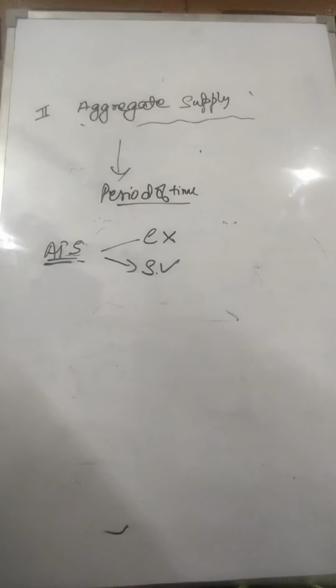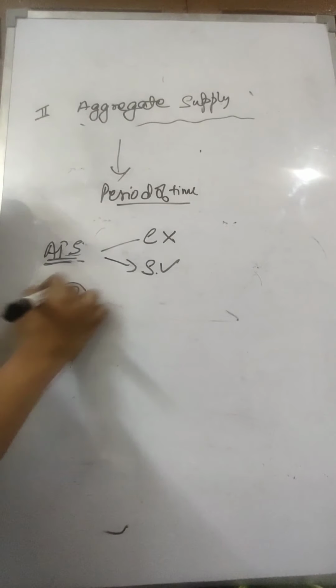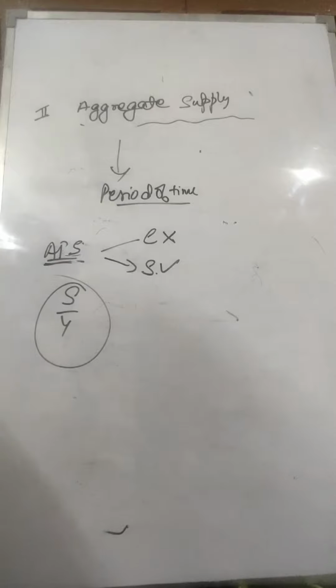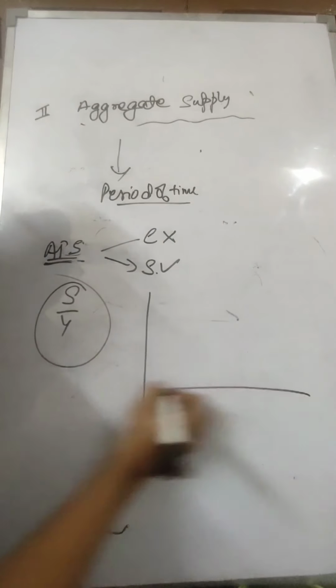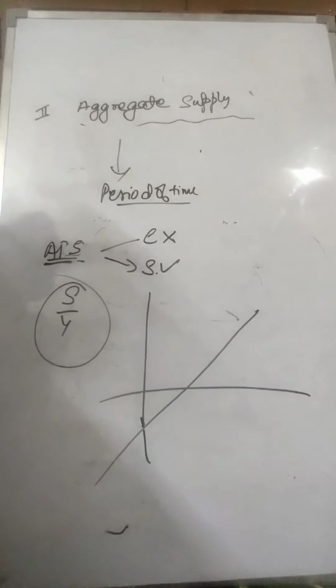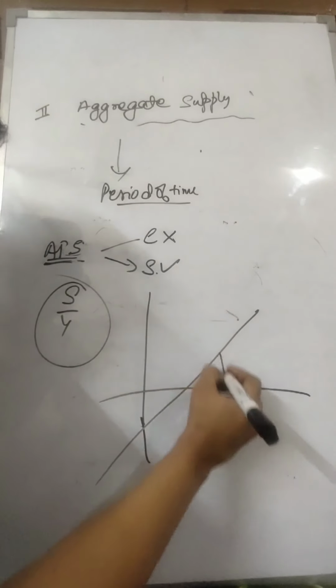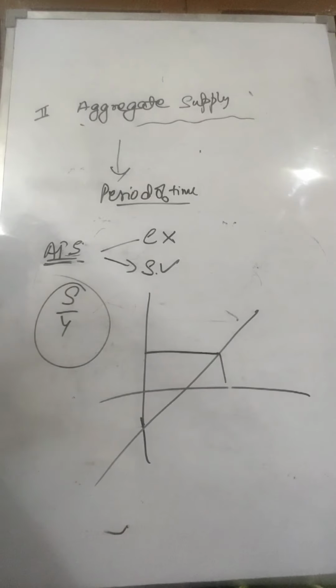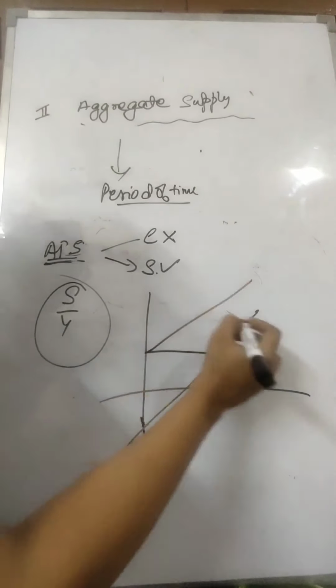So how can we calculate our average propensity to save? That's a simple formula, again S by Y. So average propensity to save is S by Y. Now if I'm talking in terms of the aggregate supply curve, whatever I am consuming in terms of aggregate demand, I was doing it from here.